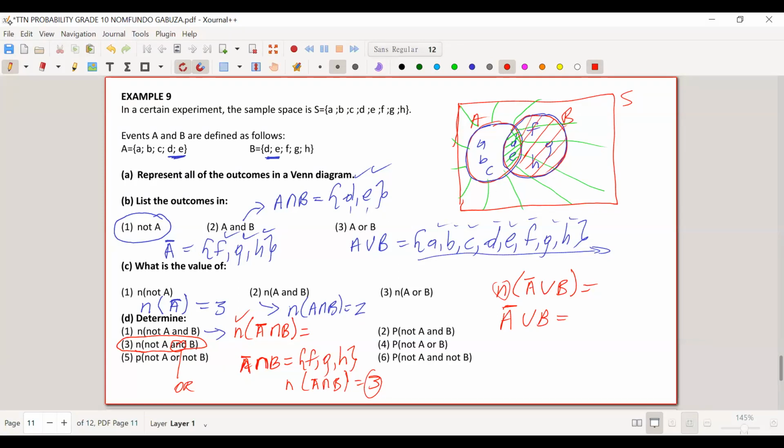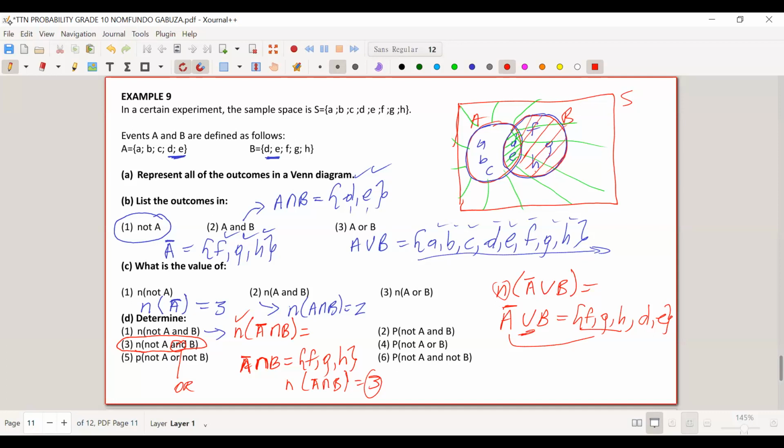So what's not in A? What's not in A is going to be F, G, and H, right? We are including everything that is in B, which means it's going to be F, G, H, as well as D and E, since union includes everything.